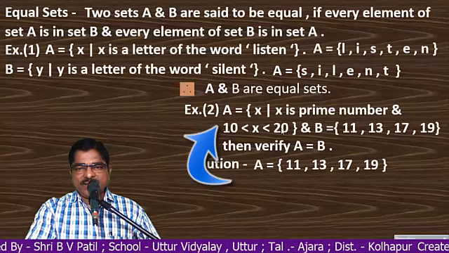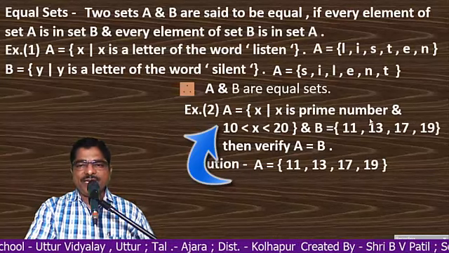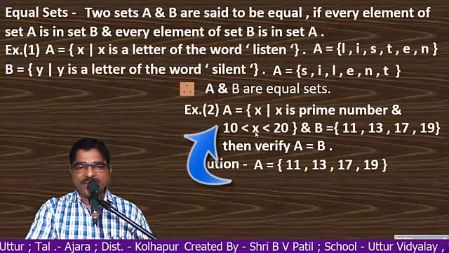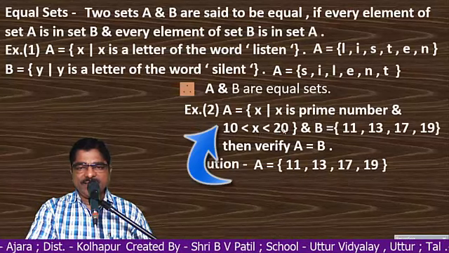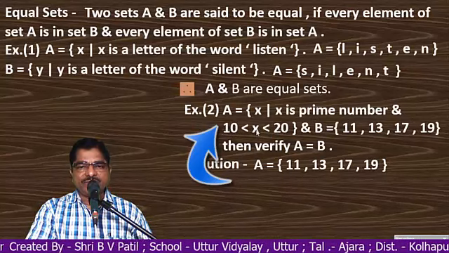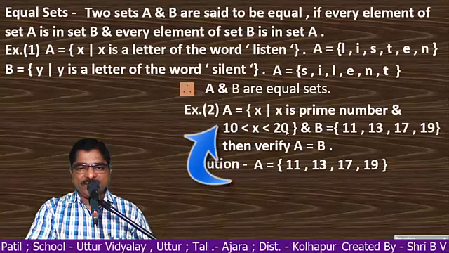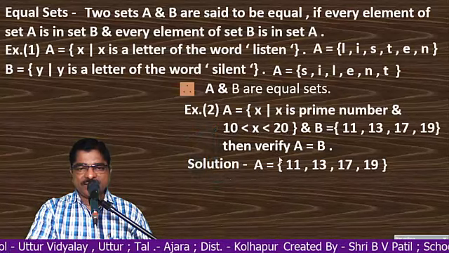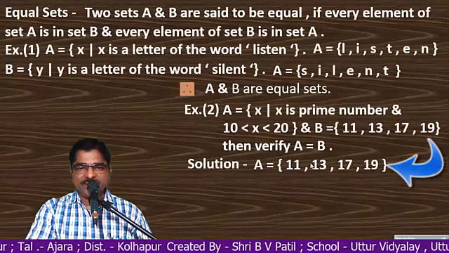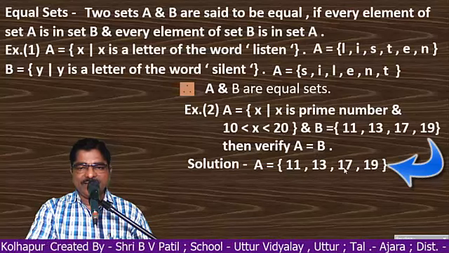A is in rule method, we write in listing method. A is a prime number. Prime number means मूल संख्या, and that x is greater than 10 and less than 20. When we want prime numbers which are greater than 10 and less than 20, 11 is a prime number, 13 is also a prime number, then 17 and 19.